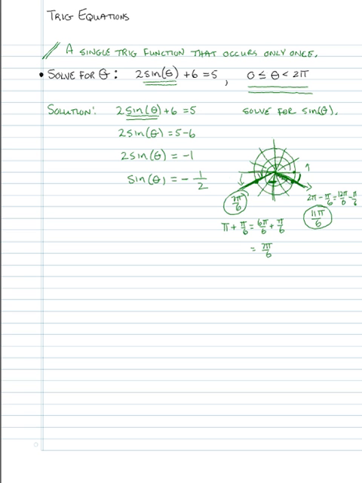So I probably wouldn't have counted it off like I did, but I would have calculated in the fashion that I've calculated here. But the bottom line is that the solutions would be a value of 7 pi/6 and a value of 11 pi/6.